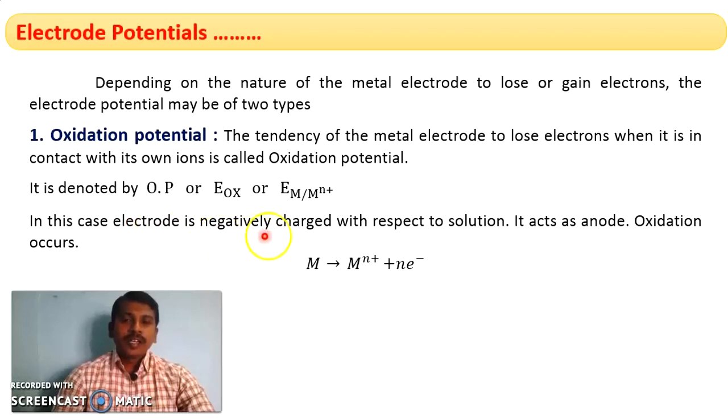The electrode is negatively charged with respect to the electrolytic solution, and the electrode acts as the anode. Oxidation occurs at the electrode. The chemical reaction occurring is the oxidation reaction, represented as M gives rise to Mn+ plus n electrons. This is oxidation potential.